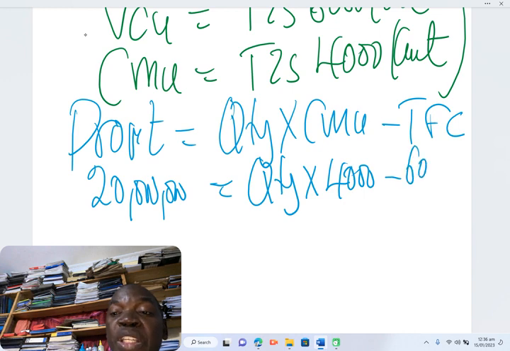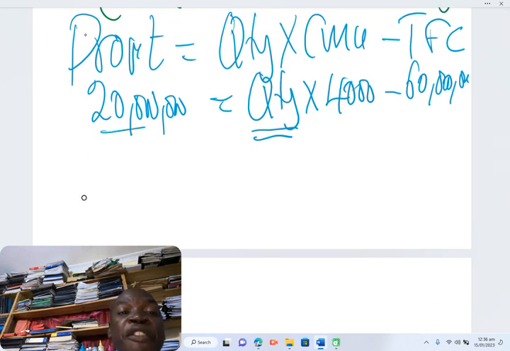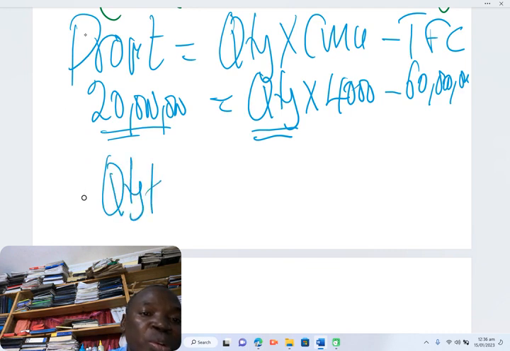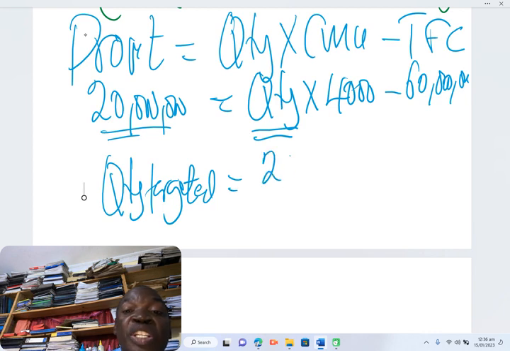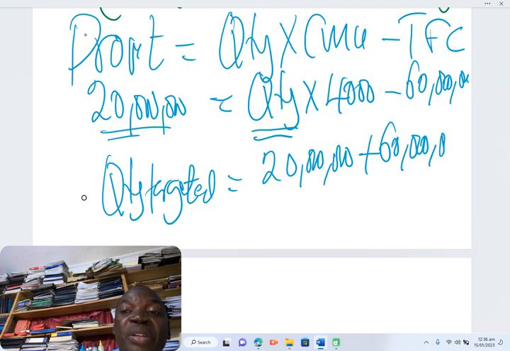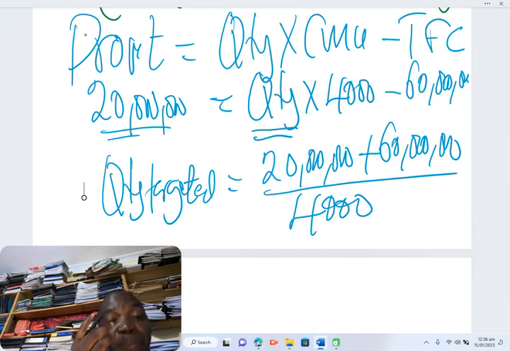Total fixed cost is 60 million. So you compute the targeted quantity to give this profit. So targeted quantity Q is equal to 20 million plus 60 million divided by 4,000.